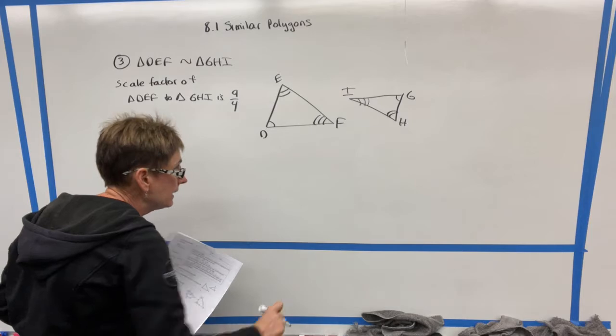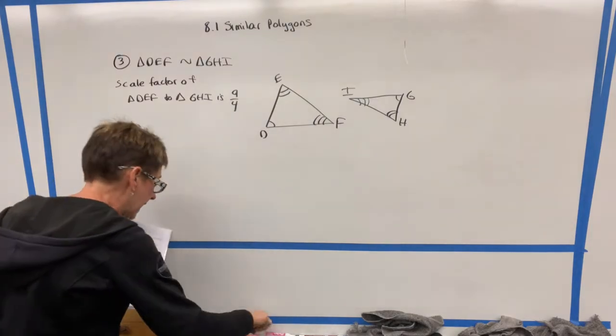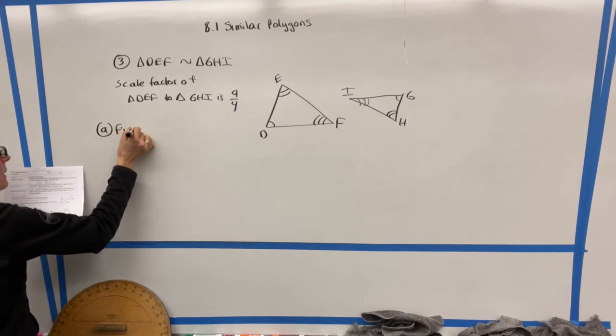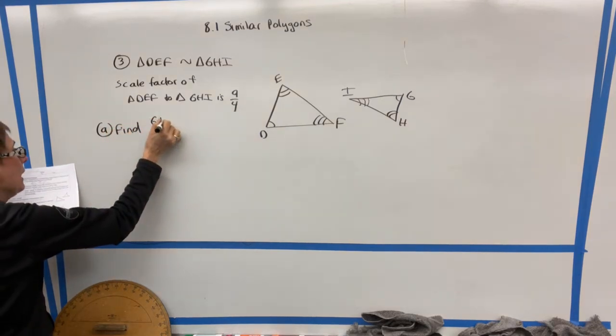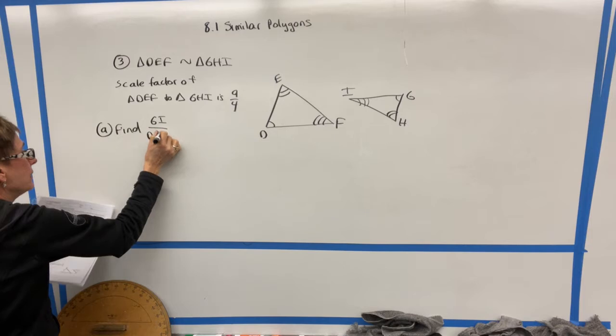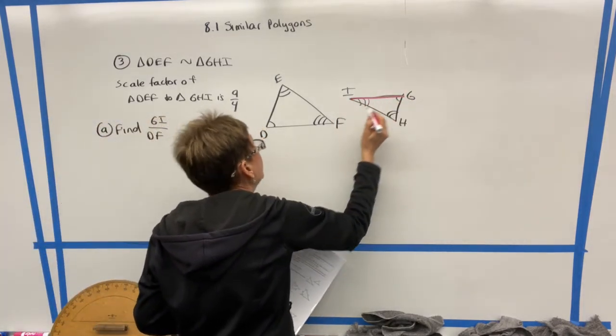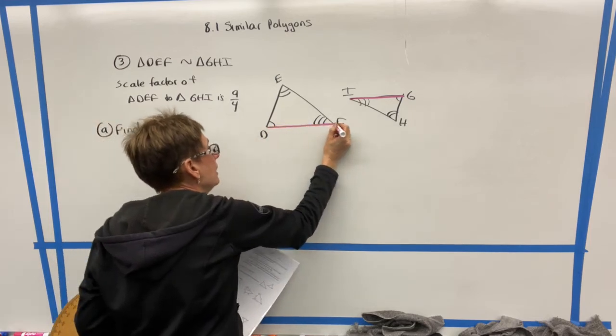So this is a little bit tricky, but notice part A is going to say find GI over DF. Let's highlight that with a marker. GI and DF.